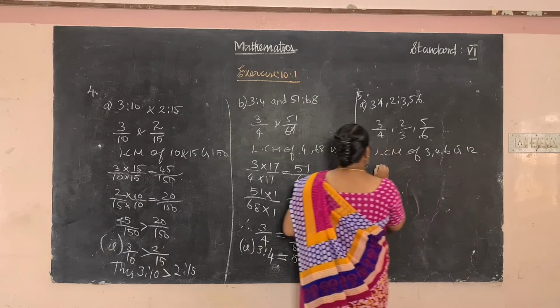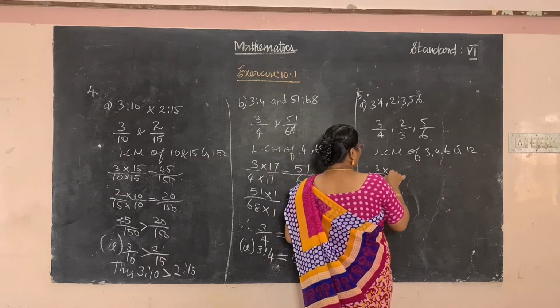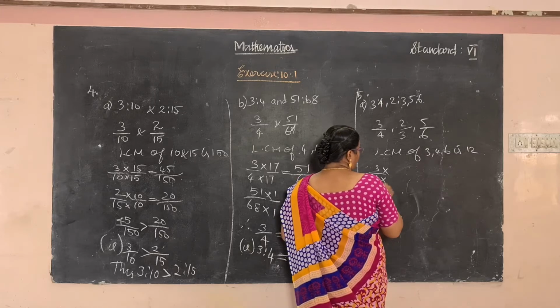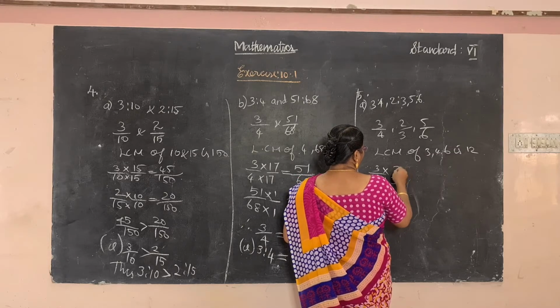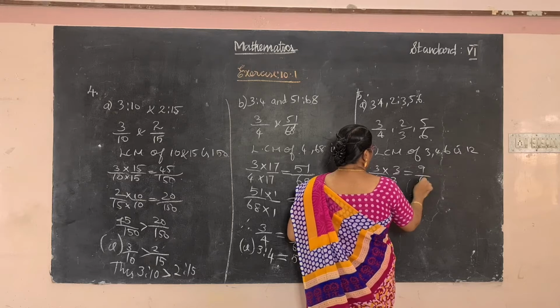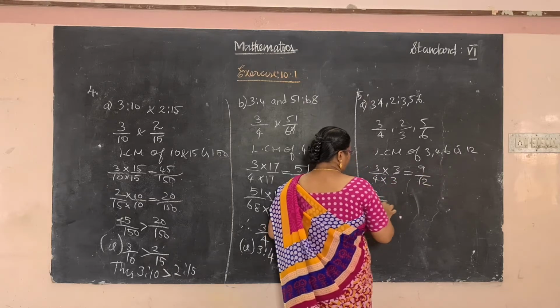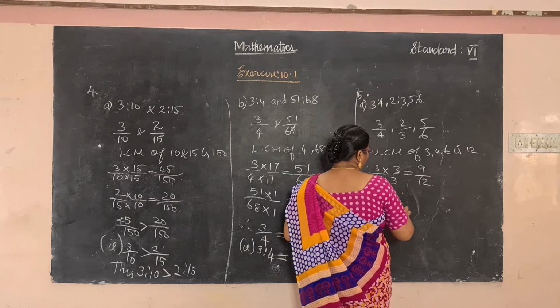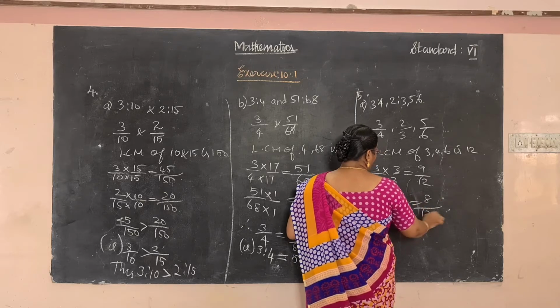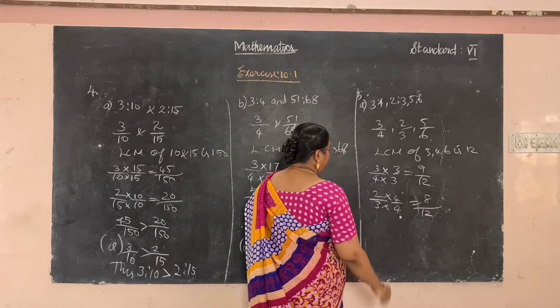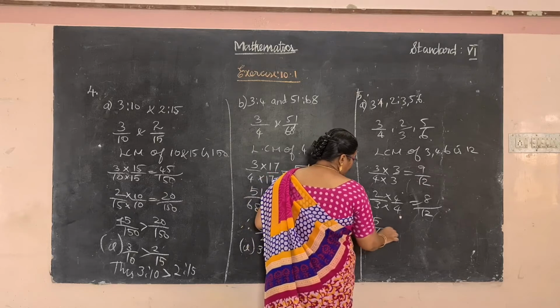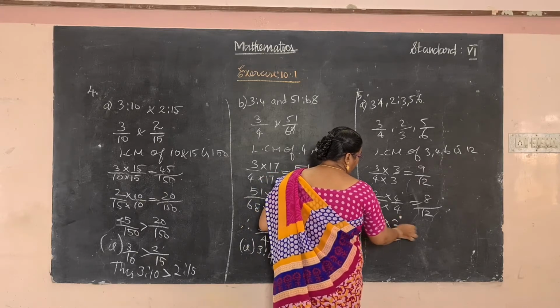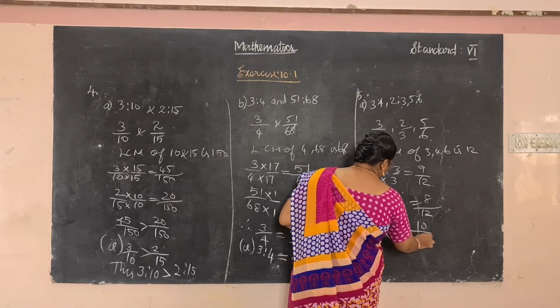So for 3 by 4, the number that multiplies the denominator is 3, and that number multiplies the numerator, so 9 by 12. The next one, 2 by 3, the number that multiplies the denominator is 4, so 8 by 12. And 5 by 6, the number is 2, so 10 by 12.